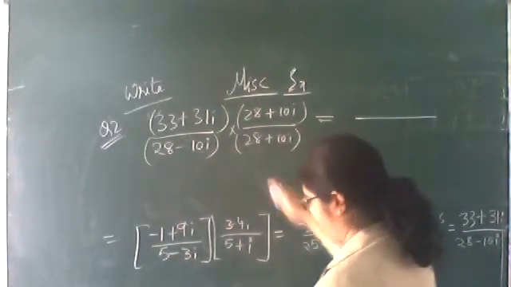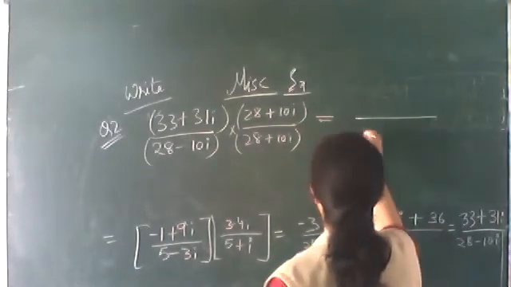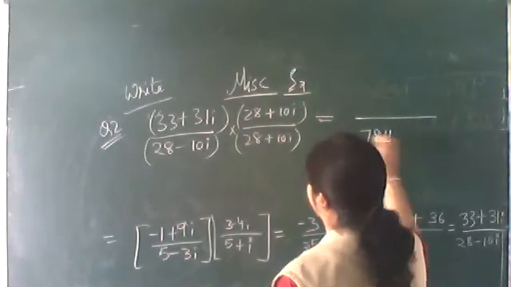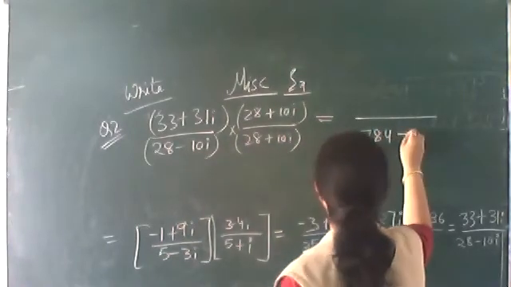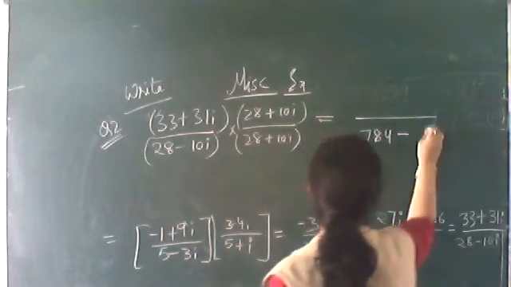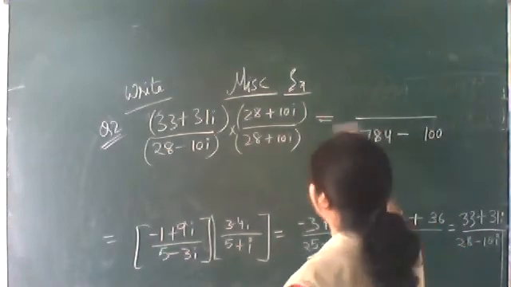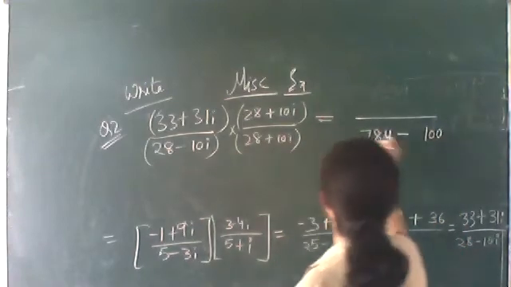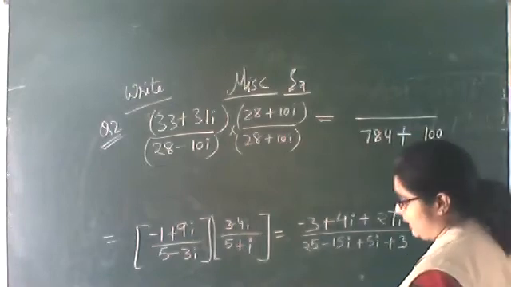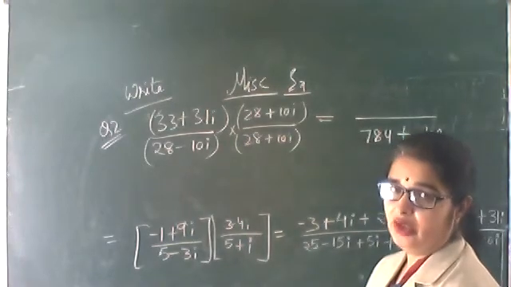So 28 square is 784, and minus b square, 10 square is 100, and iota square will be minus 1. So minus into minus, 784 plus 100 you will have in the denominator.